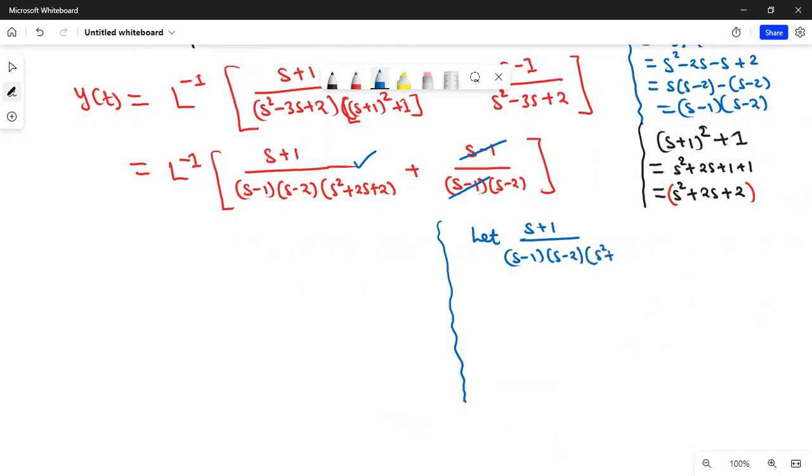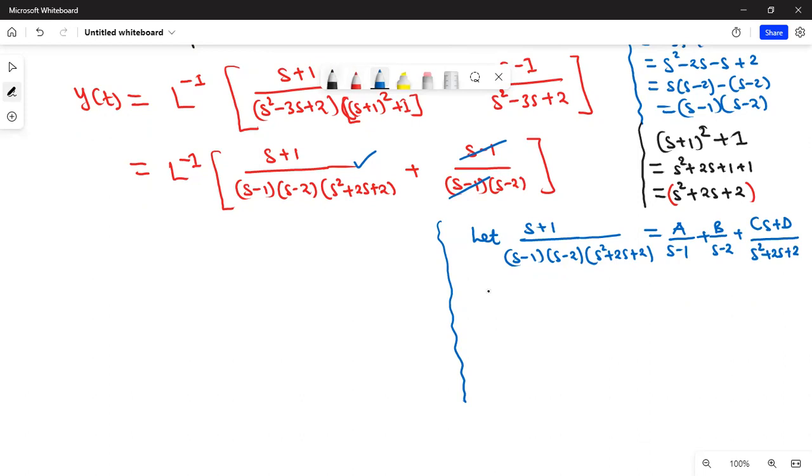S squared plus 2S plus 2 be equal to A over S minus 1 plus B over S minus 2 plus CS plus D over S squared plus 2S plus 2.